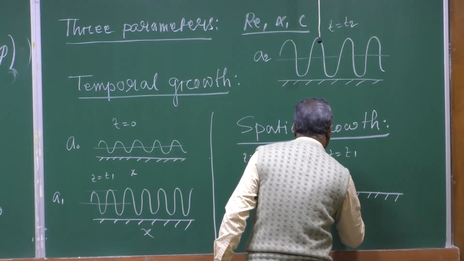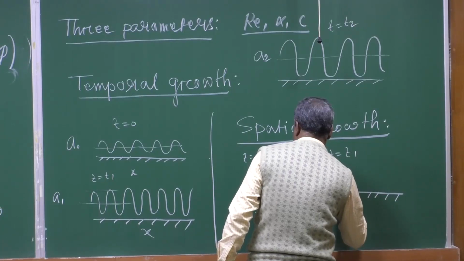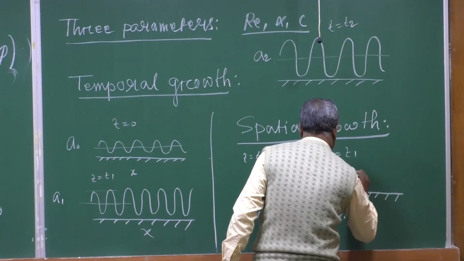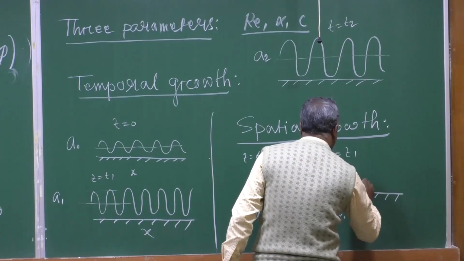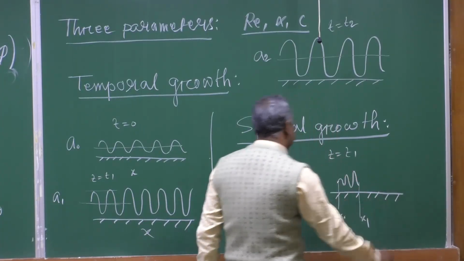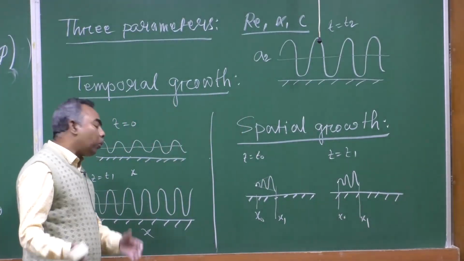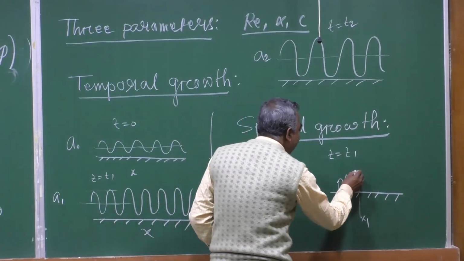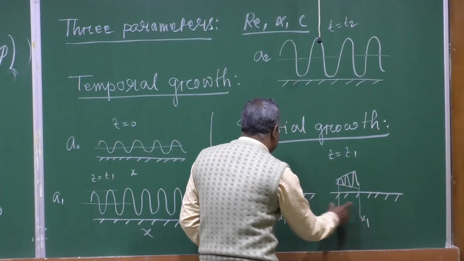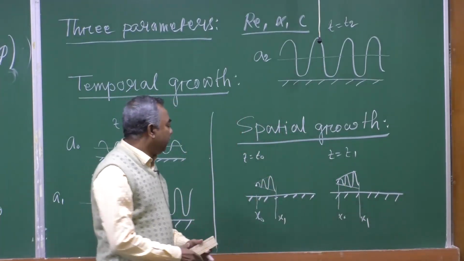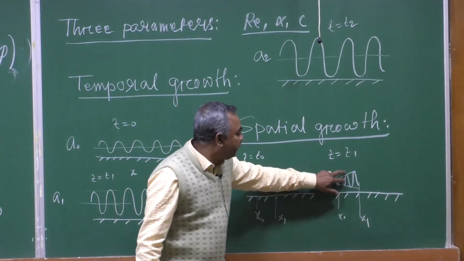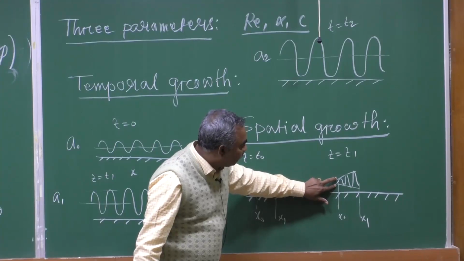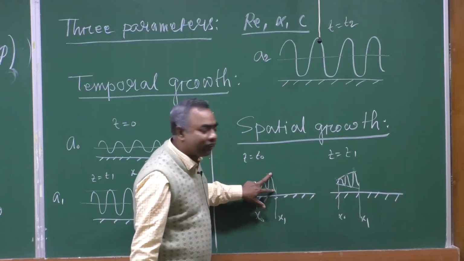So from this x naught to x 1, at whatever time you look, it does not matter, this amplitude at any location within this distance is the same. Whatever this distance is, x naught here or x 1 here, this is always fixed.